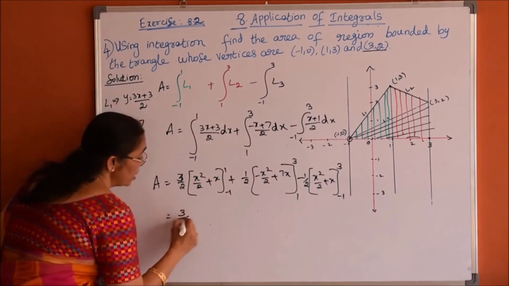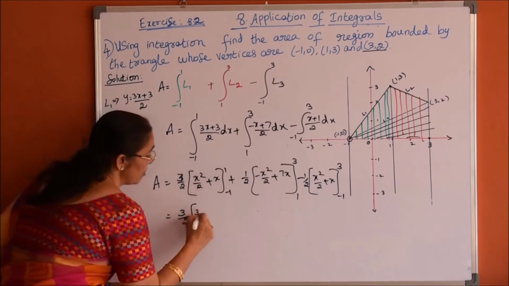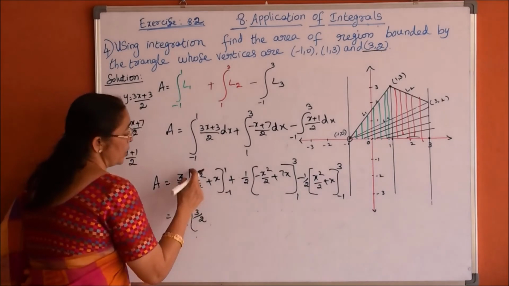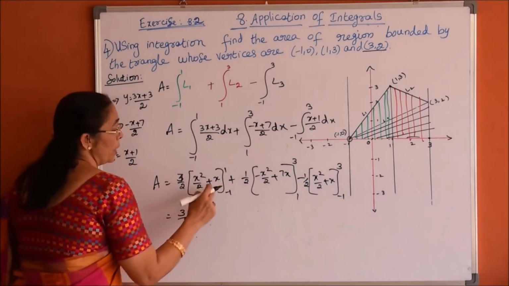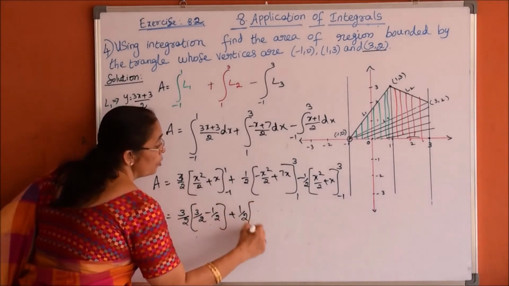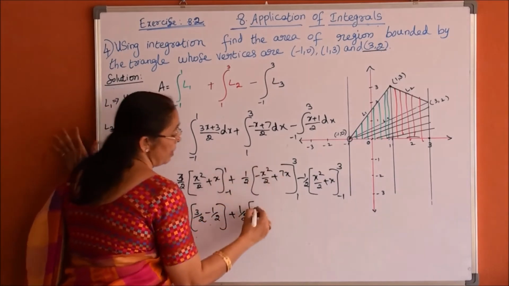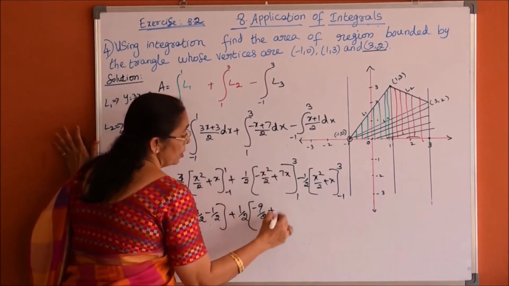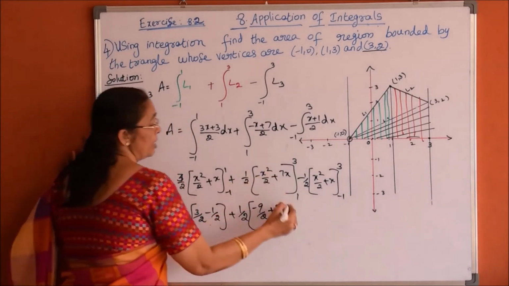Now, we apply the limits. So, 3 by 2 of, here upper limit is 1 by 2 plus 1, 3 by 2. Lower limit is again -1 whole square is 1 by 2 minus 1. So, 1 by 2 minus 1 by 2, here plus half of -x square, minus 9 by 2 plus 21 minus lower limit. Here already minus is there.